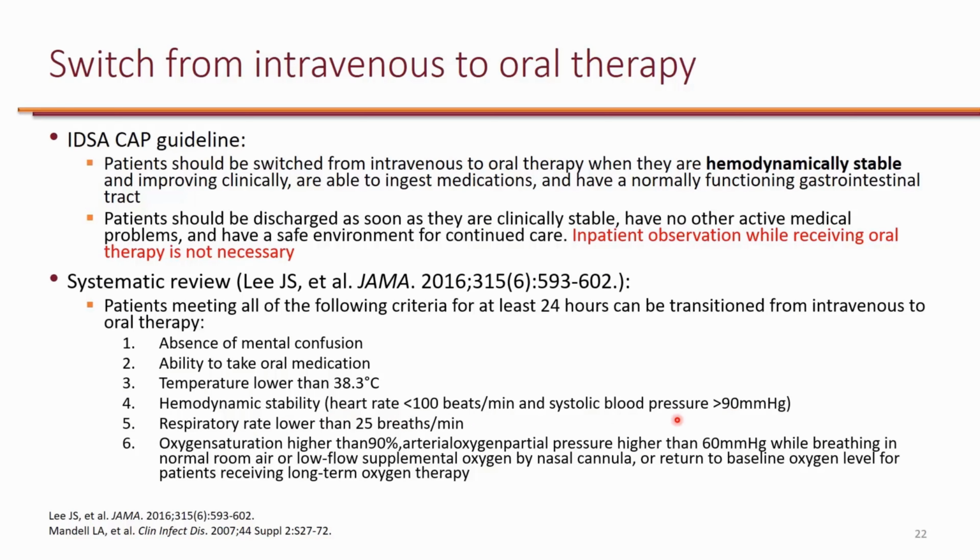This is without using pressors. So, without using norepinephrine, the blood pressure should be greater than 90. Another criterion is respiratory rate lower than 25 and oxygen saturation higher than 90%.